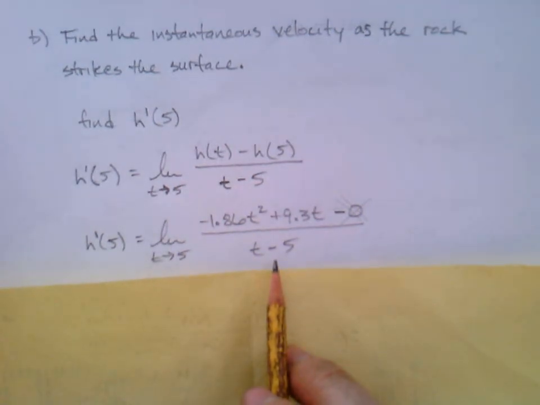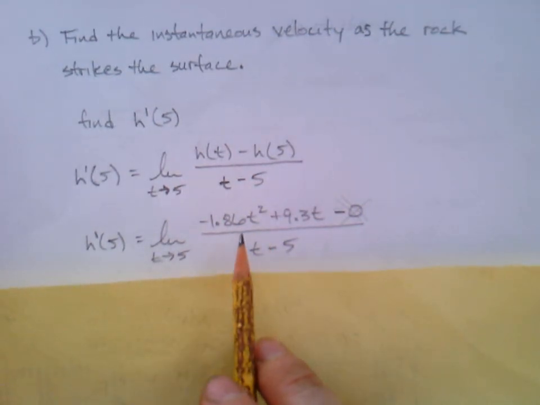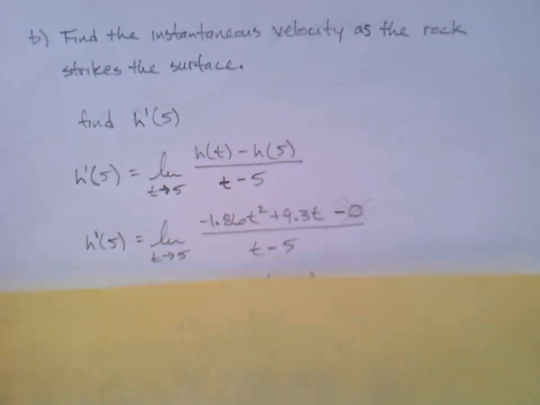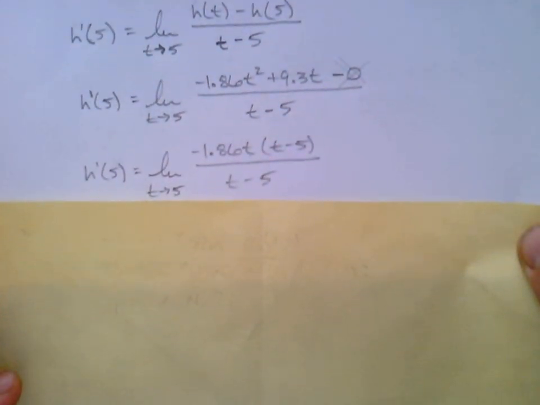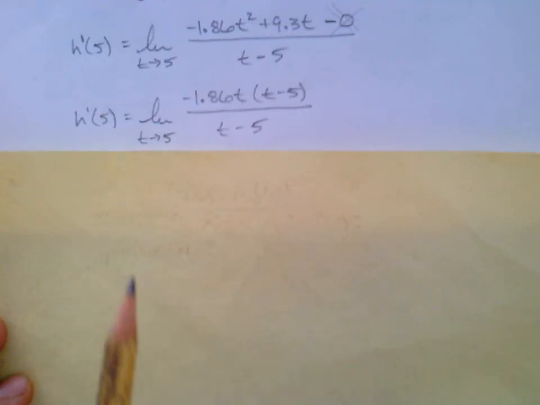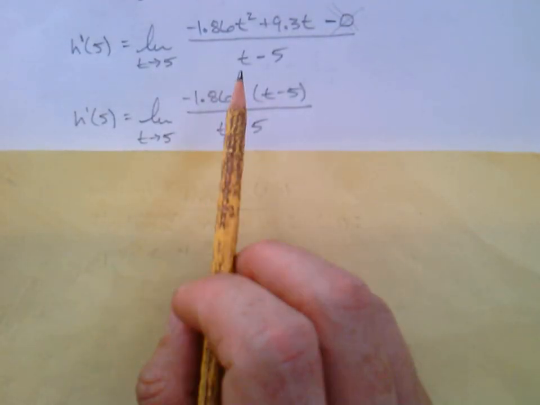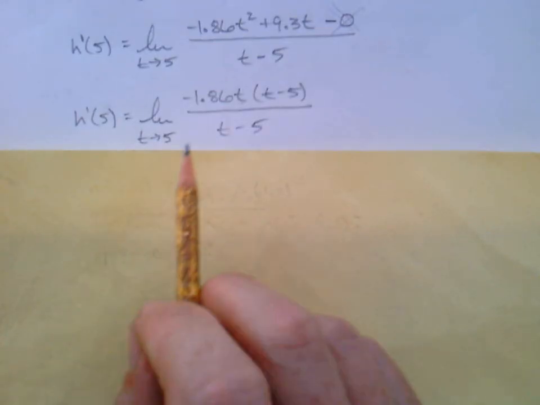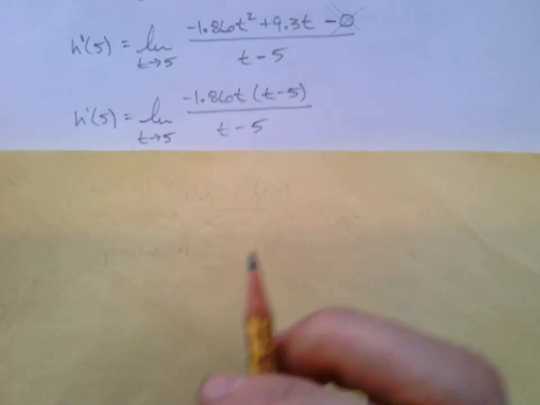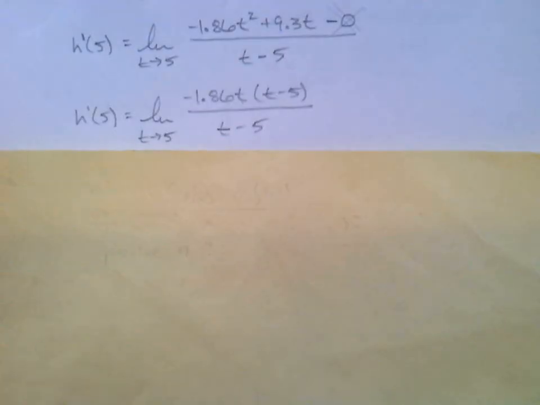And fortunately for us, the way this problem worked in part A, we already know how this factors. Let me pull this up a little bit higher. We can factor out the negative 1.86t, leaving the t minus 5. Okay.